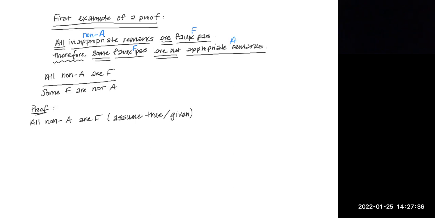Then it might also be helpful to just think about what type of statements we're dealing with. So let's go ahead and mark this as an A statement, this premise, and we'll mark our conclusion as an O statement, again, because it's all are, and an O statement because it's some are not.